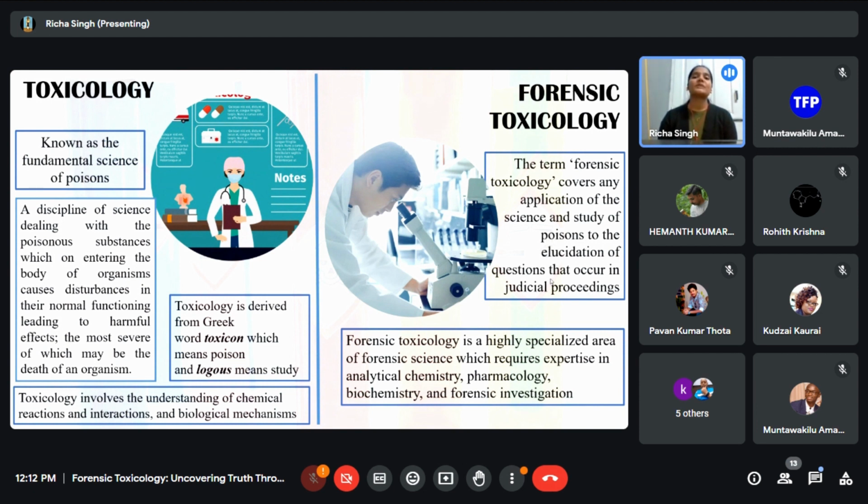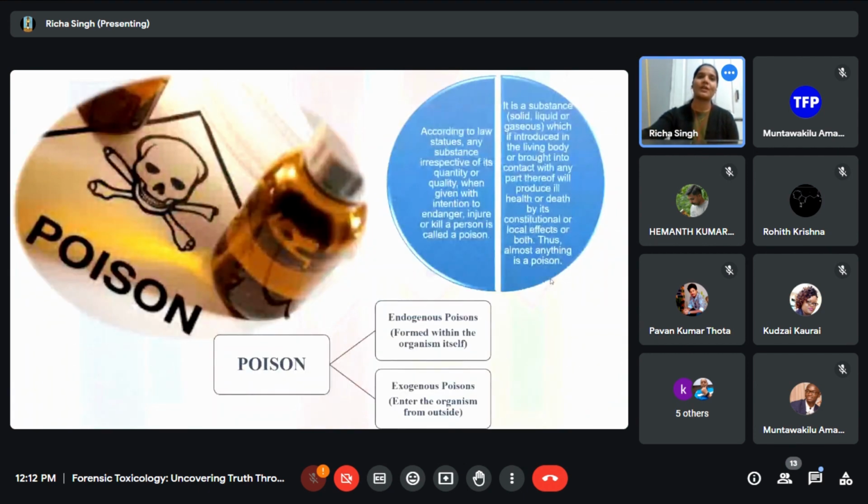He or she requires expertise in chemistry to understand the chemical structure of that particular poison, and to understand how the poison enters the body, how it gets absorbed, distributed, metabolized and excreted, for which biochemistry is needed. Then forensic investigation helps to identify who exactly is the culprit or the perpetrator in that case.